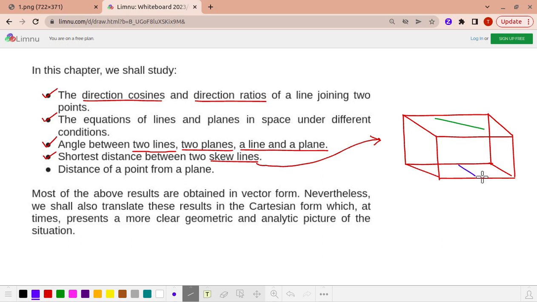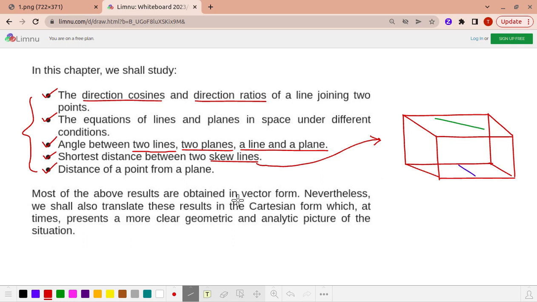Then we will discuss, dear students, the distance of a point from a plane. Now, what about the topics I have mentioned here? All of these results, direction, equations of lines and planes in space under different conditions, angle between two lines, two planes, a line and a plane, shortest distance between two skew lines, and the distance of a point from a plane, will first be obtained in the vector form.